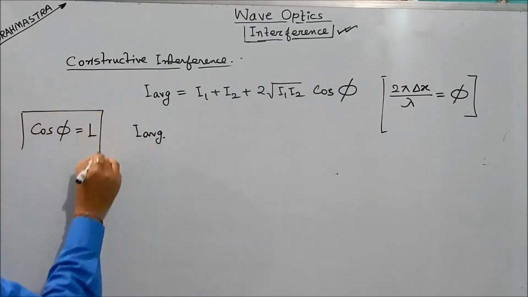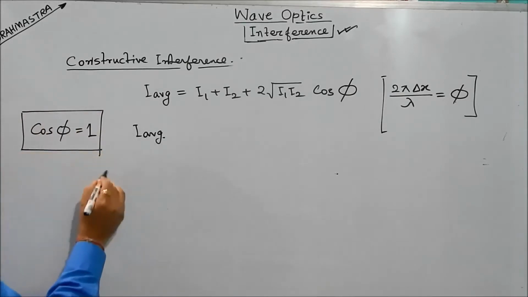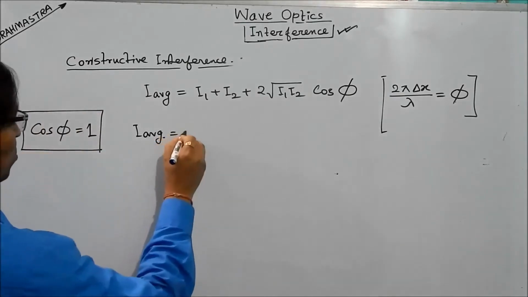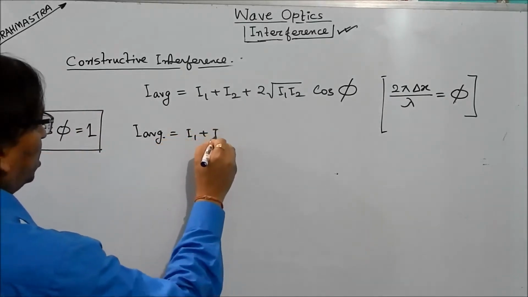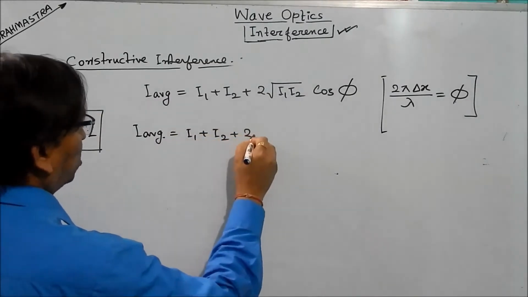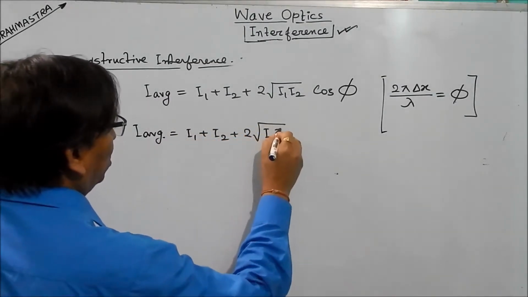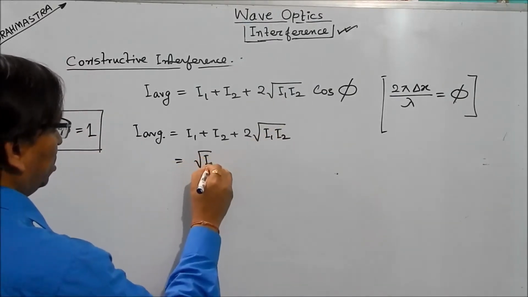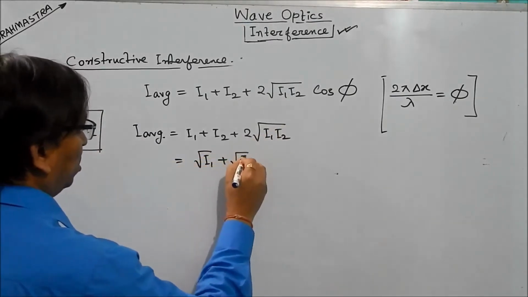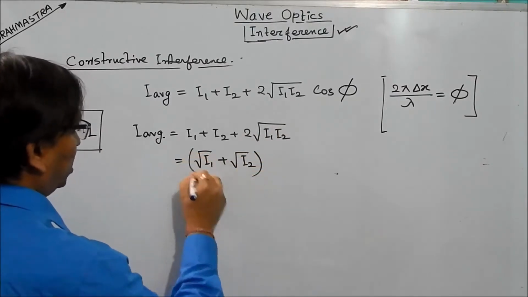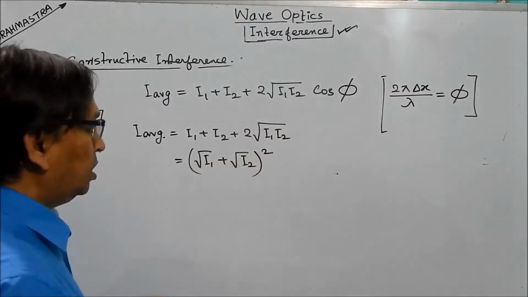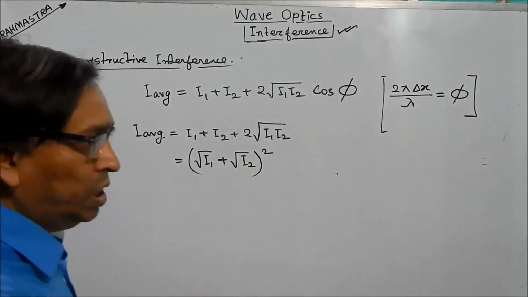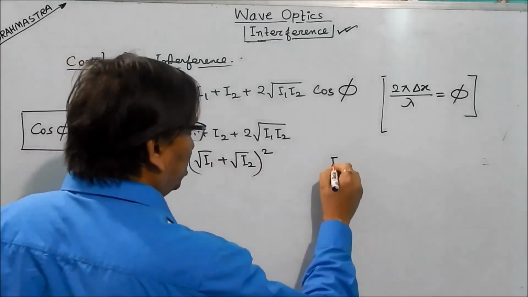So if cos phi is 1, then I average is equal to I1 plus I2 plus 2 root under I1 I2, or this can be written as root I1 plus root I2 and the square of this. Now in our previous class we have already discussed what I1 is.